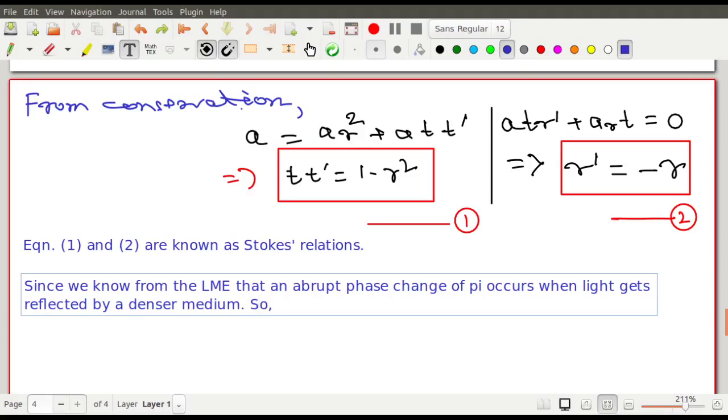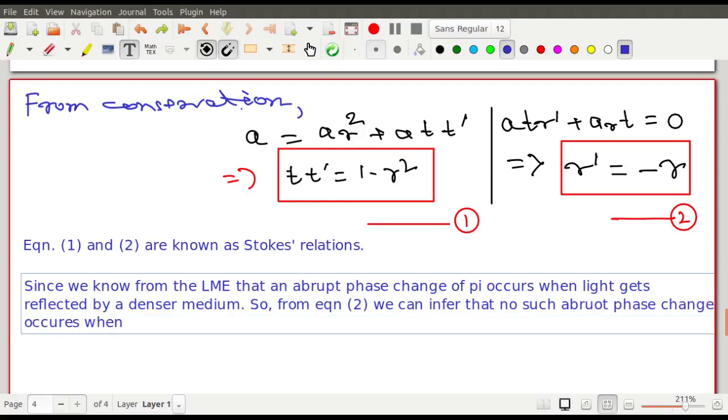So from equation 1 we can infer that no such abrupt phase change occurs when light is reflected from the rarer medium.